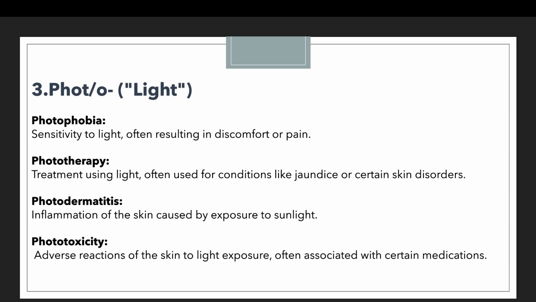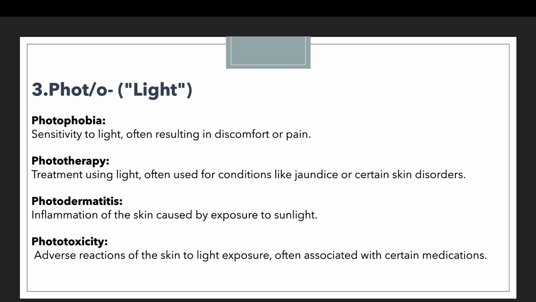Likewise, we have another example which is photodermatitis. Now, what is photodermatitis? It is inflammation of the skin caused by exposure to sunlight. So, for some patients, inflammation of the skin occurs due to exposure to sunlight. So this we will denote with the help of photodermatitis.